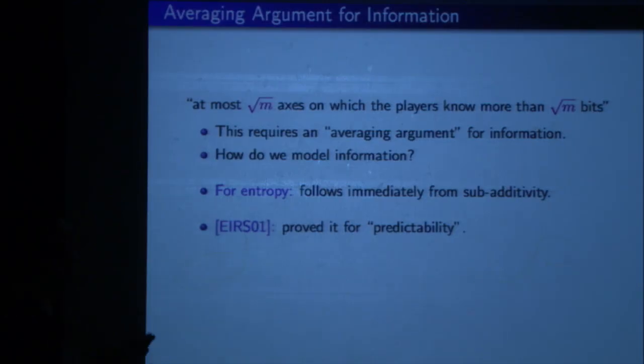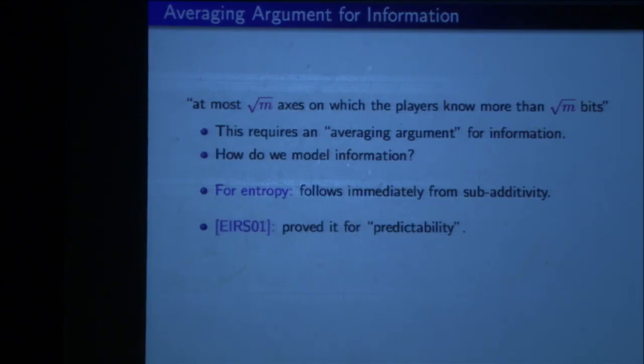In particular, Edmonds, Impagliazzo, Rudich and Sgall did not use entropy. They used some other information measure that they called predictability, and it's tightly related to Renyi entropy, but it's not the same.